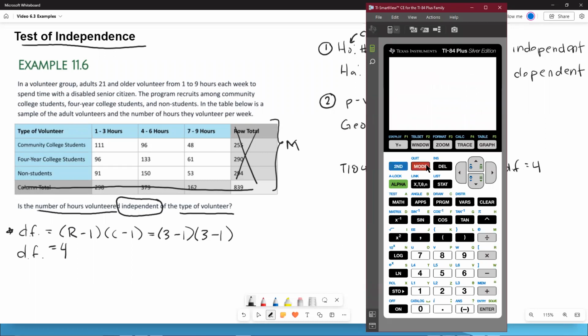So for the TI, the first thing, we enter that data in a matrix. So we're going to go second, x to the minus 1. We're going to go to edit. And this table is a 3 by 3. And then we're going to go down and just type that data.